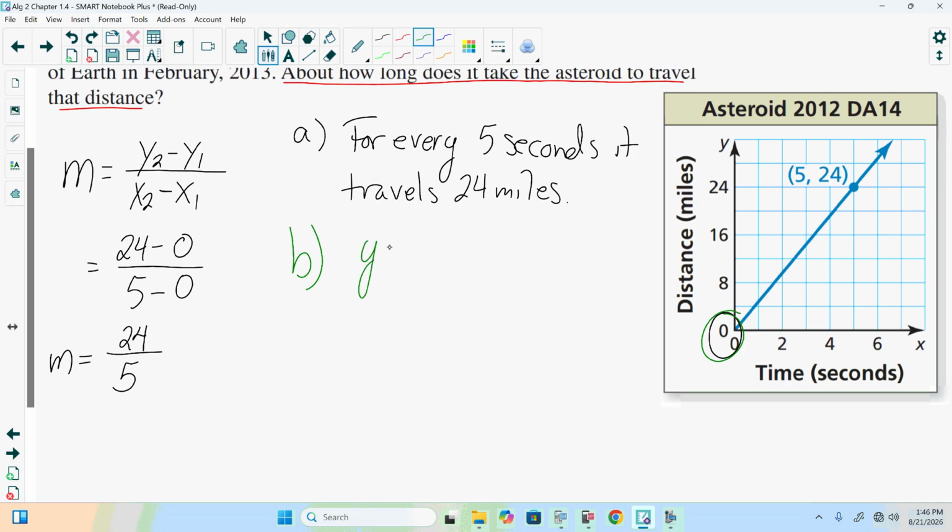So since I know what the y-intercept is, we're going to just use slope-intercept form. Because we can replace m with the slope, which is 24 fifths, and we replace b with its value of 0.